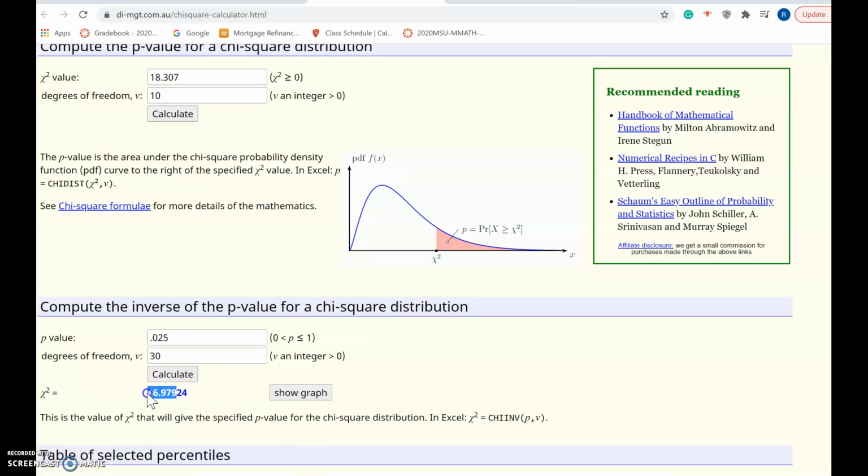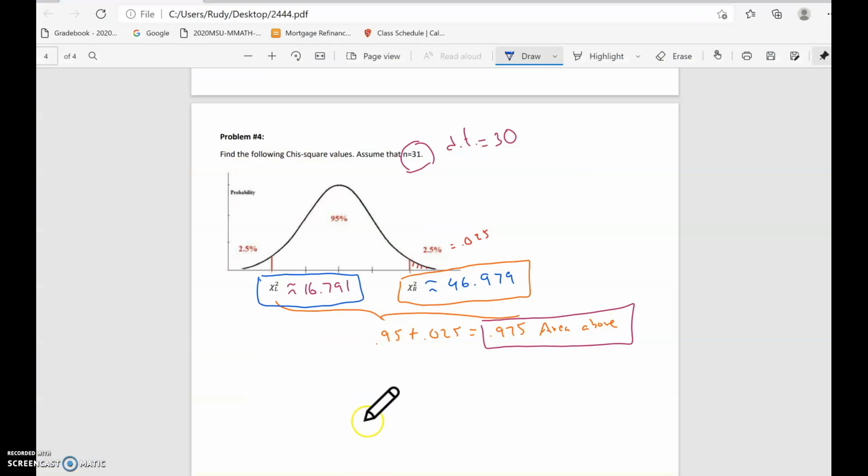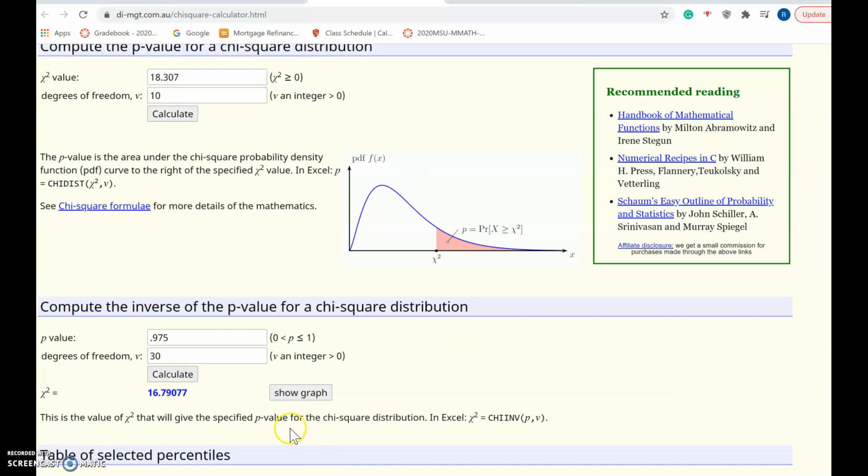Yep, it's pretty good. And then the other one, 0.975, gives 16.79179, and rounding to 3 decimal places, yep, this one matches.